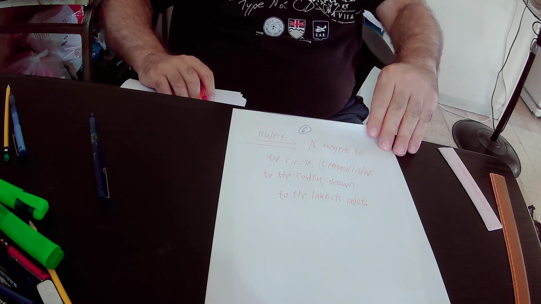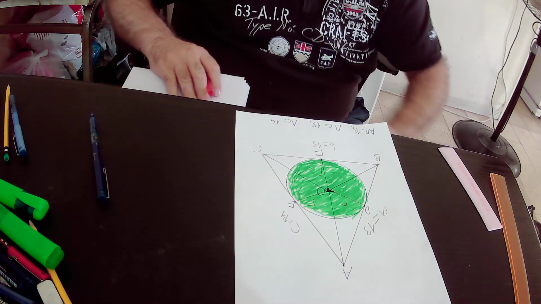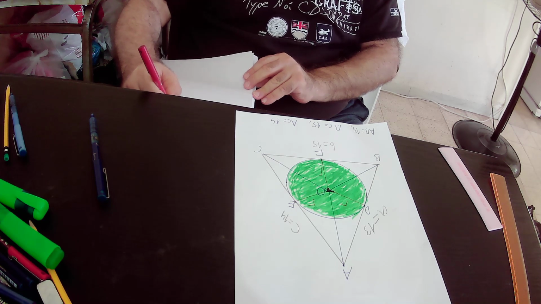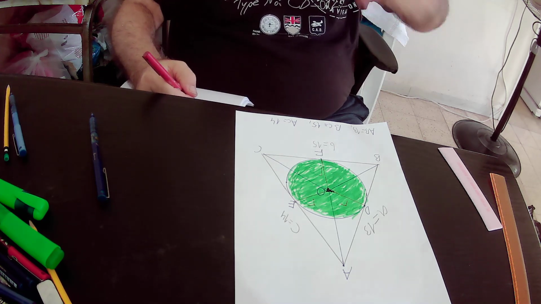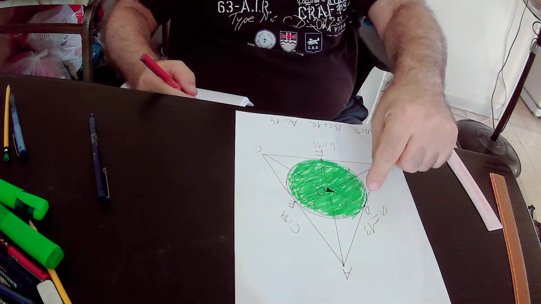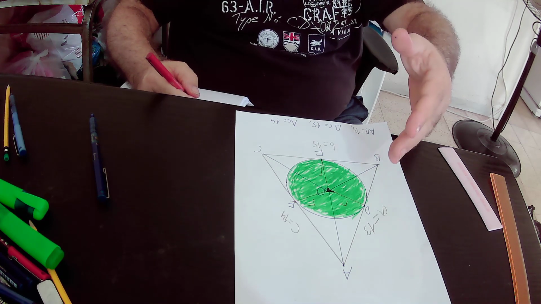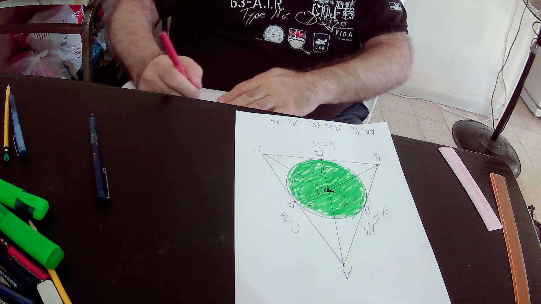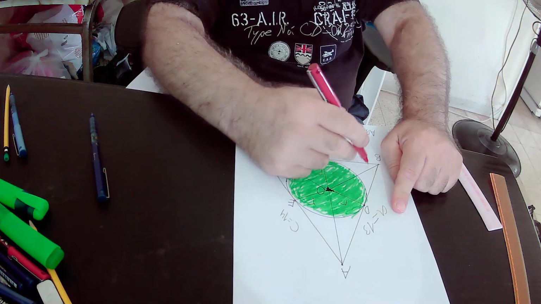So according to rule number 1, whenever you draw a radius to the launch point, or touches the launch point, that radius will be perpendicular to the tangent.